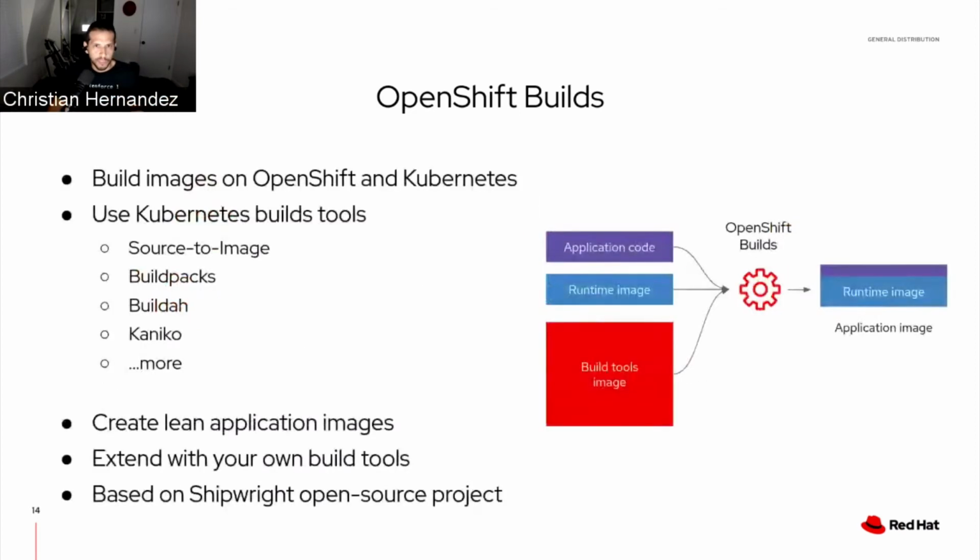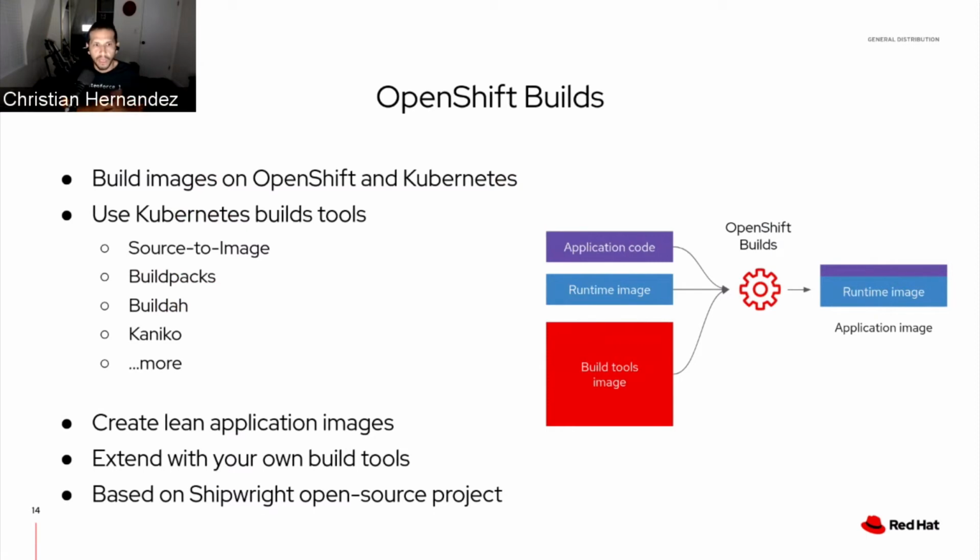Essentially you'll take application code, the runtime image, and the tool used to build that image, and then you'll end up with an actual running version of your application. And we're going to become agnostic to that tool. You can continue using source to image, that's fine, but you can also use things like Buildpacks or Buildah, Kaniko, or whatever else down the way.